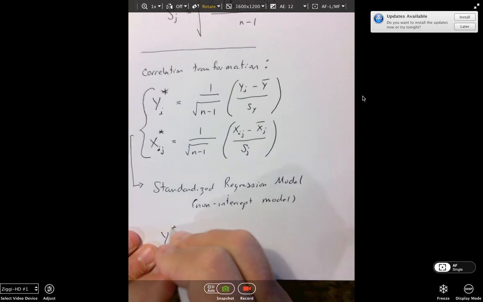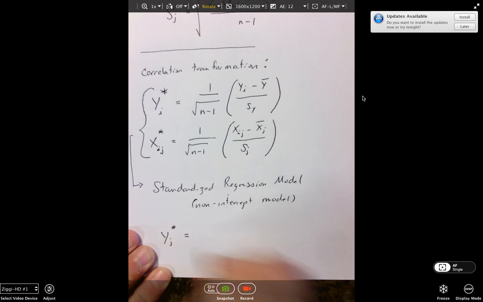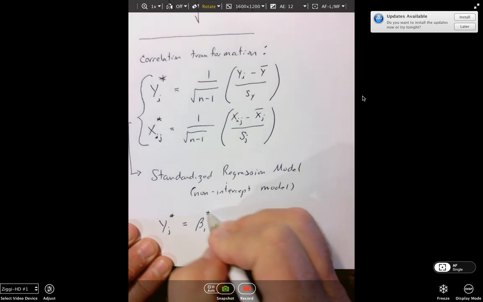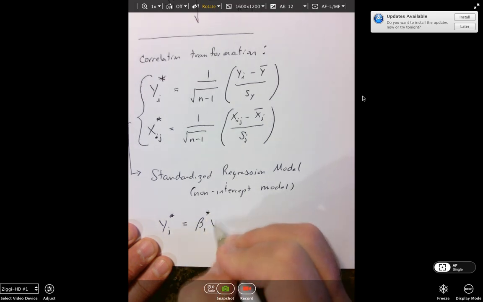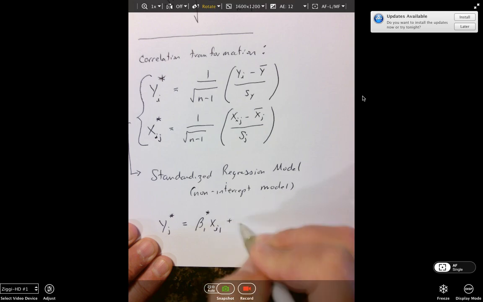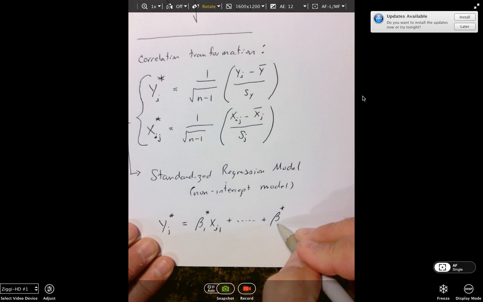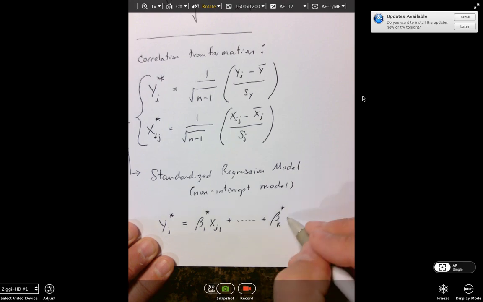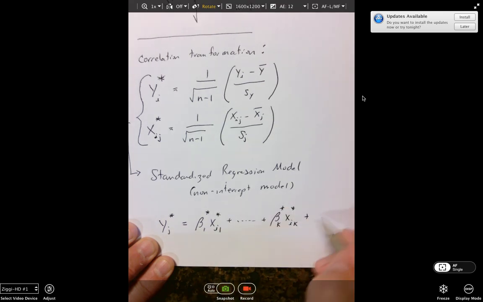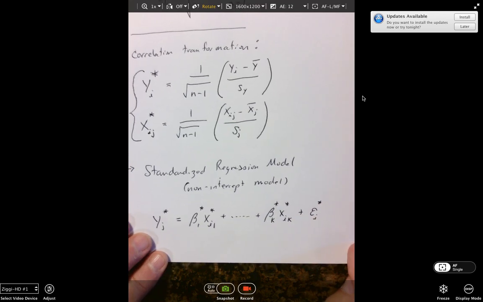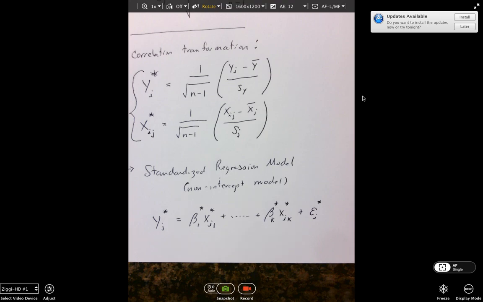So our y's, down to our kth predictor. Don't forget the star, Douglas. Plus our error. So again, notice that there's a non-intercept.